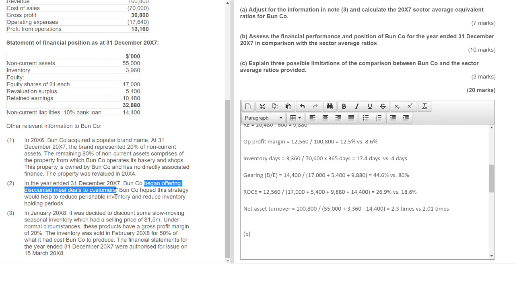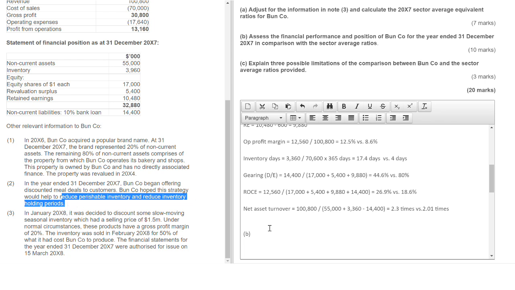Has that strategy worked? The aim was to reduce perishable inventory and reduce inventory holding periods. Well, our inventory days are still at 17 compared to 4, so it may be that that strategy has not been as successful as we would have originally wished it to be.